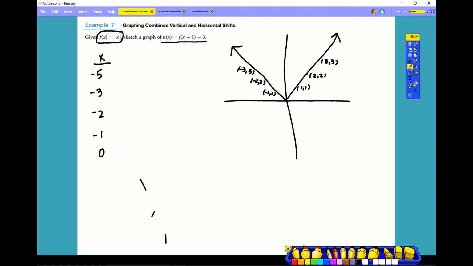So first, I'm going to move it down 1 unit. And this is 0, 0. So that means it is now going to be at 0, -1.